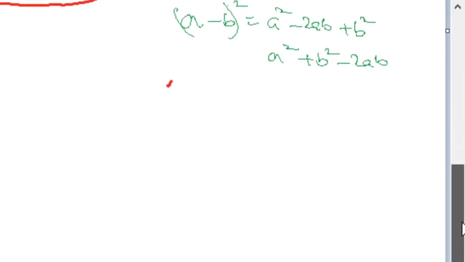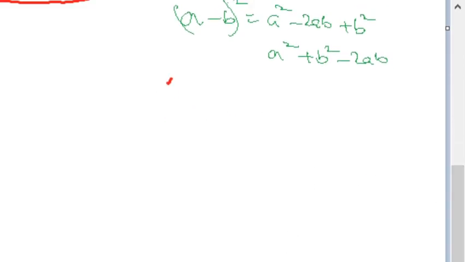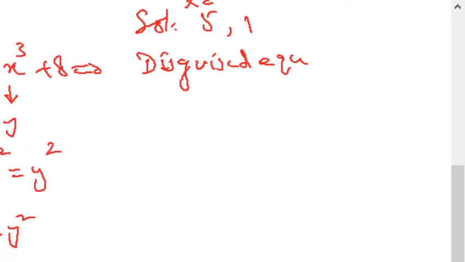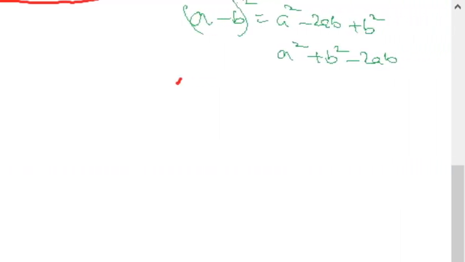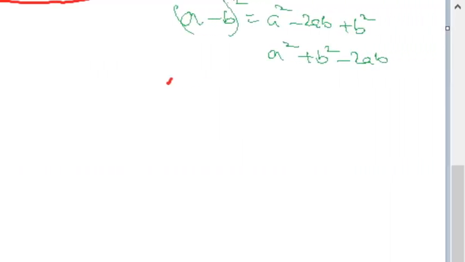The third one and the last one is this one, C. I'm doing here a plus b whole square, which is a plus b into a plus b.